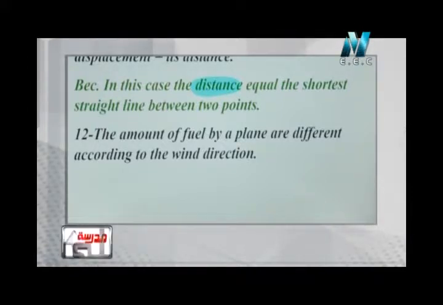For example, if the car moves on a sandy road, all sand and desert, in the desert it will consume more fuel. So why does the amount of fuel differ according to the wind direction?